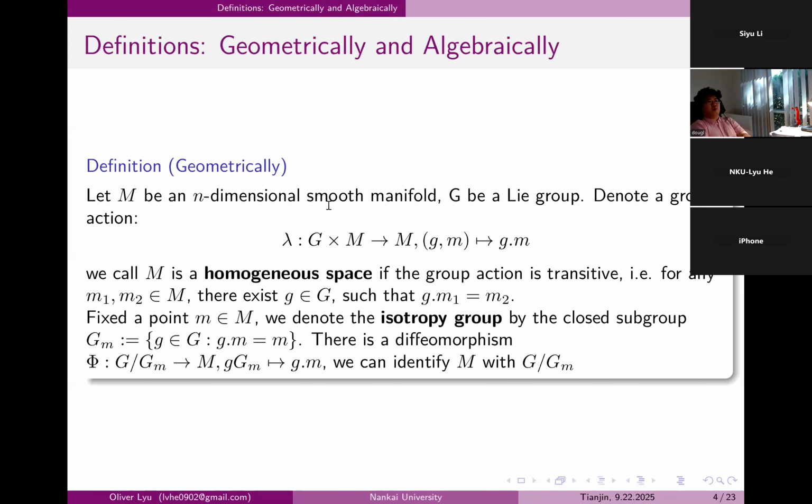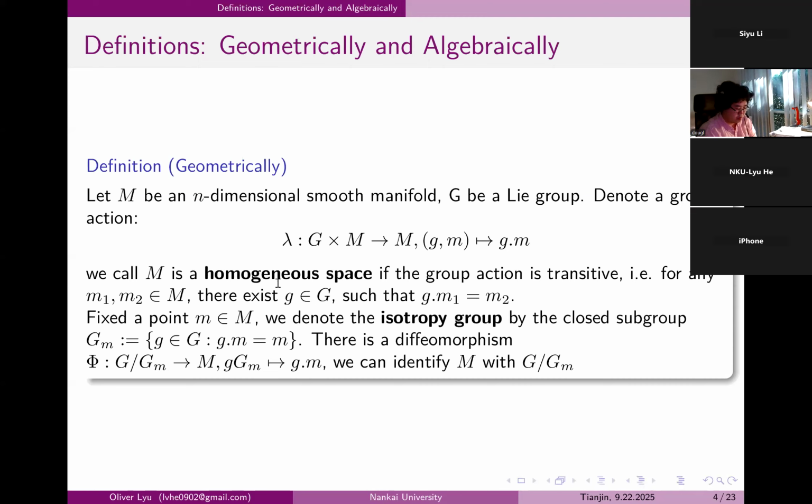At first, we let M be an n-dimensional smooth manifold with or without boundary, and G be a Lie group. We denote the group action on the left, G dot M here, in the formal case.